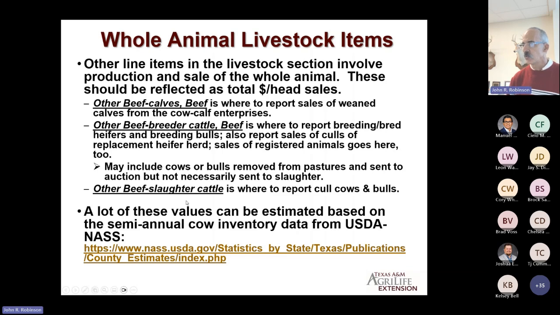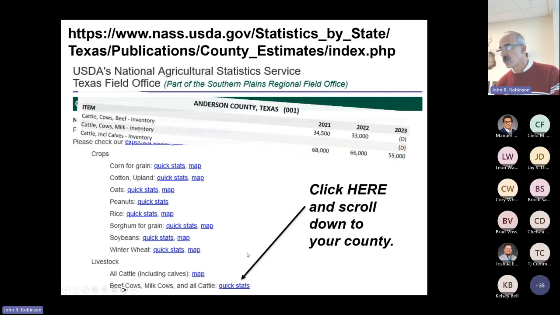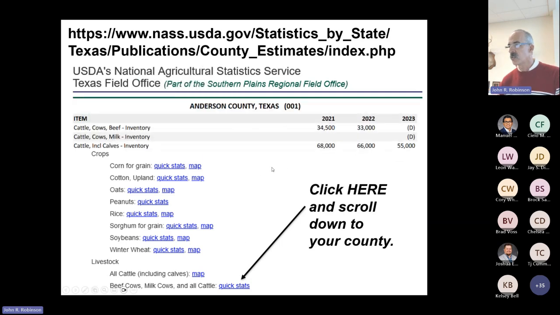And you can get to a source of data that would let you back into these numbers by going to this site here. I showed you this before. It's the Quick Stats site. If you click at the bottom of the Quick Stats site, where it says beef cows, milk cows, and all cattle, you can then click on your county, and it's going to pull up something that looks like this.